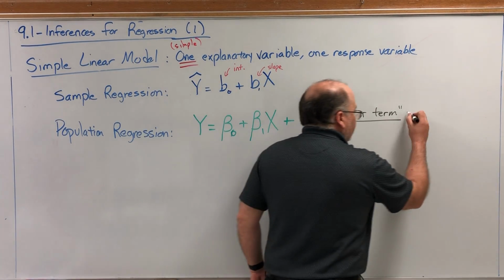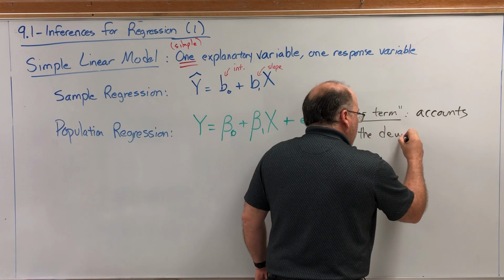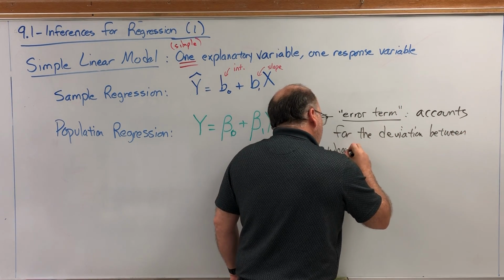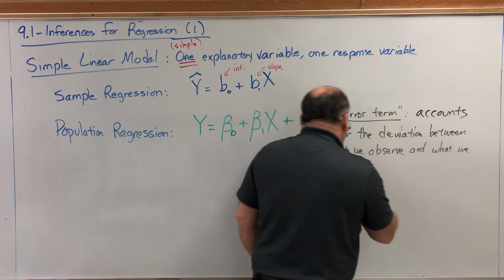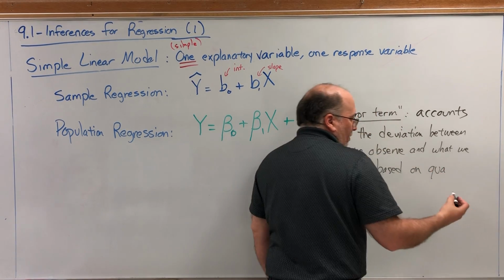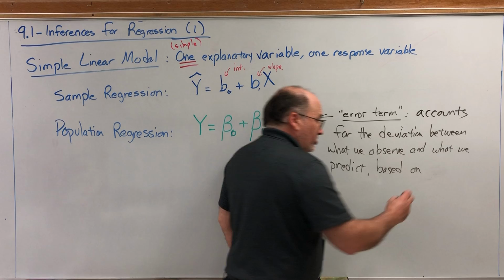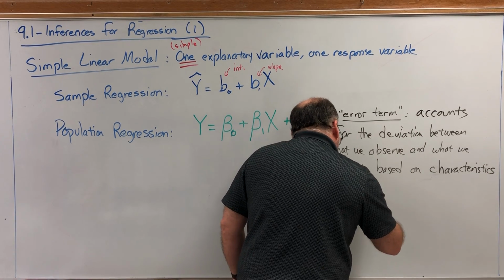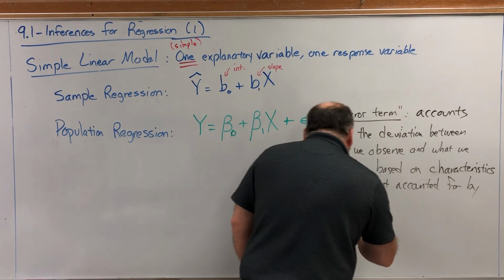And what this error term does is it accounts for the deviation between what we observe and what we predict, based on characteristics and values not accounted for by the explanatory variable.